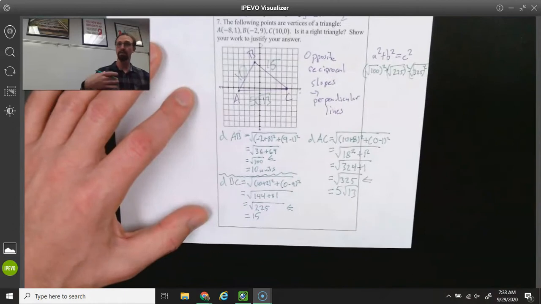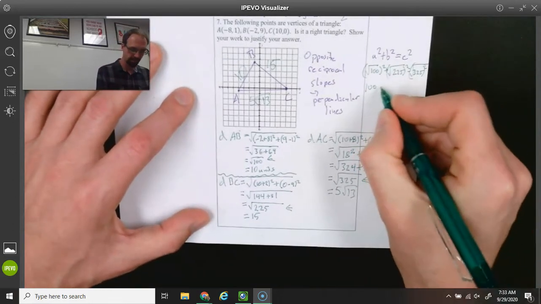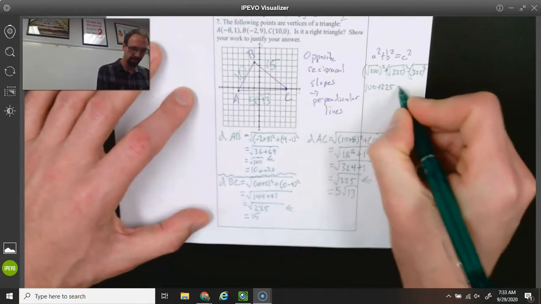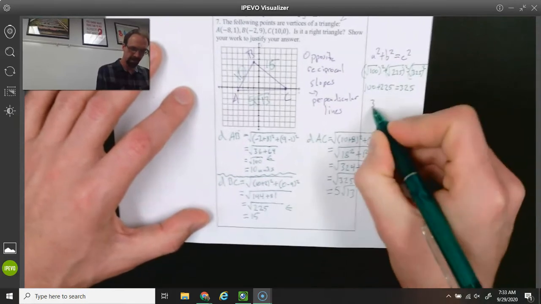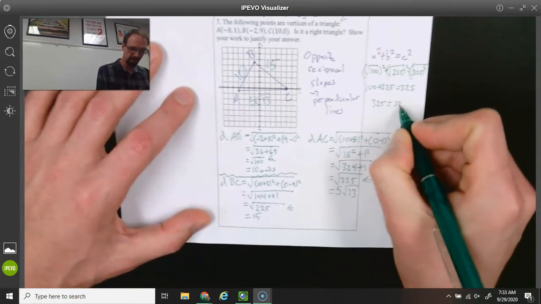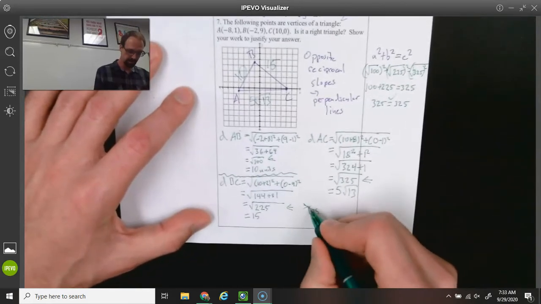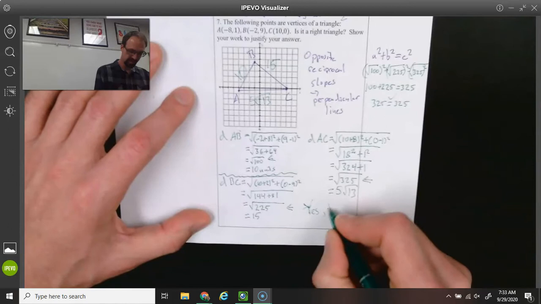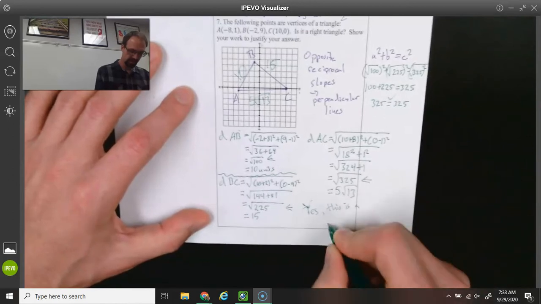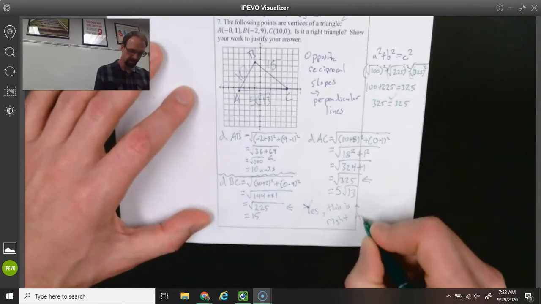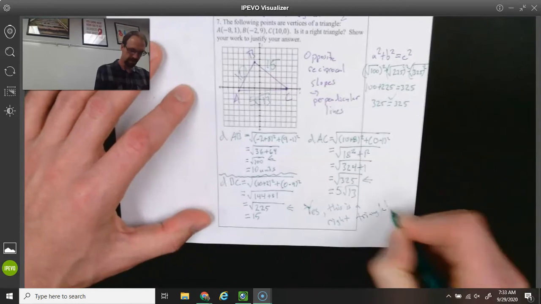Now remember, square roots and squareds cancel each other, so then you have 100 plus 225 is equal to 325. And that is true. 325 does in fact equal 325. So yes, this is a right triangle. And that's all my work to justify it.